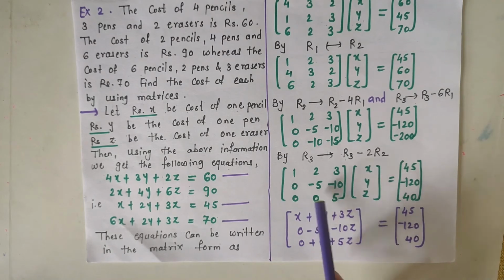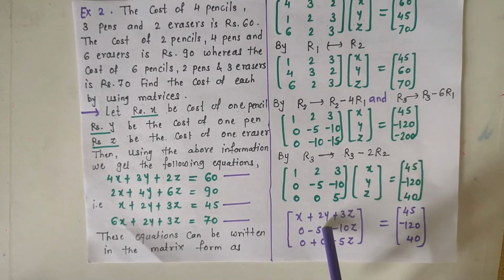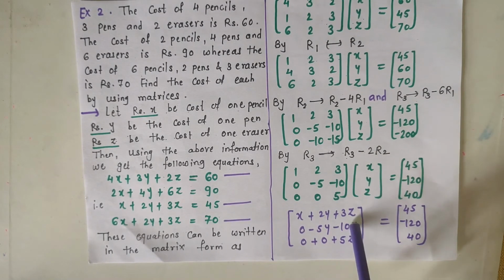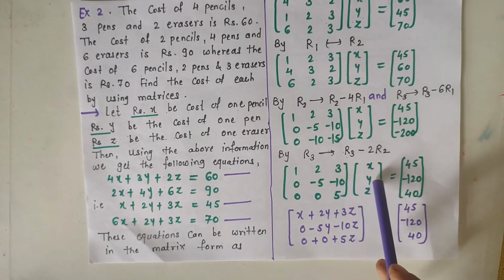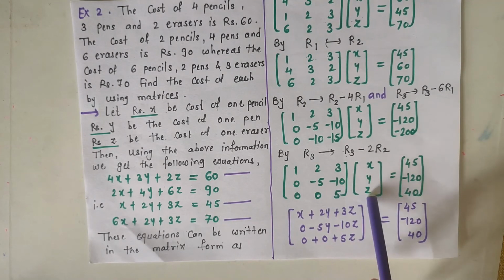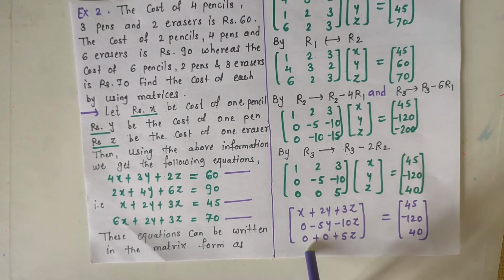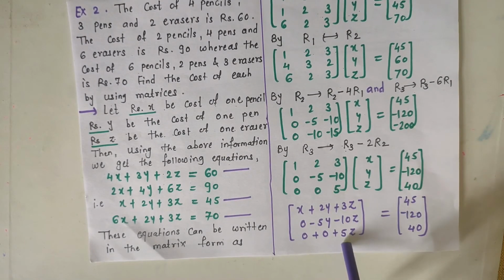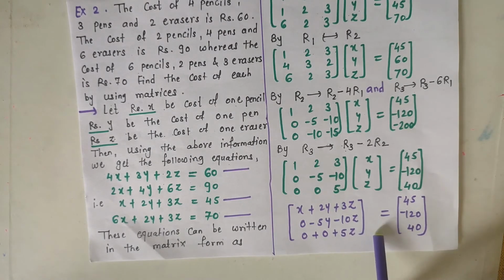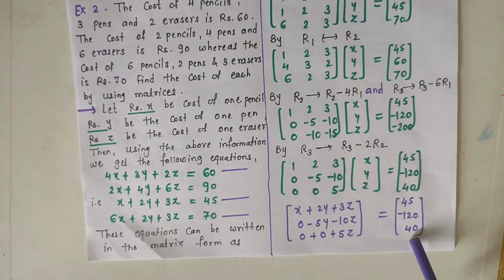Now the product of these two matrices: the first row is 1 into x, x plus 2 into y, 2y plus 3 into z, 3z; the second row is 0 into x, 0, minus 5 into y, minus 5y, minus 10 into z, minus 10z; and the third row is 0 into x, 0, plus 0 into y, 0, plus 5z, equal to the column matrix as it is: 45, minus 120 and 40.